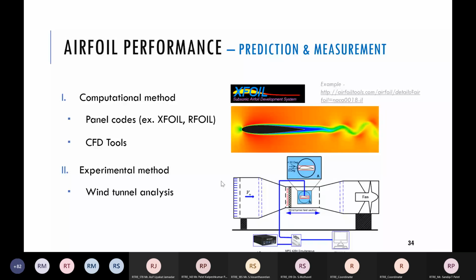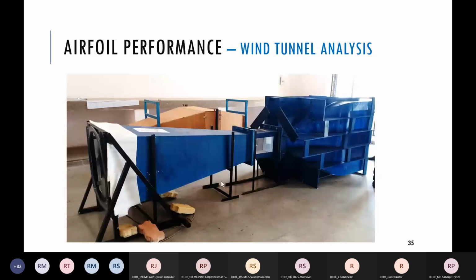Wind tunnel analysis is something you can go for. A wind tunnel is a device which produces wind at a certain velocity which you aim for, and the flow you can control. This is a wind tunnel we made at our college. It's homemade, you can say.